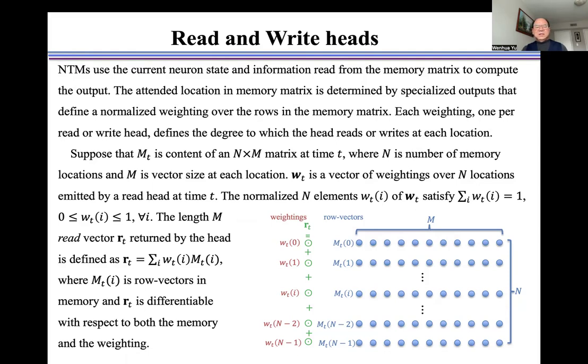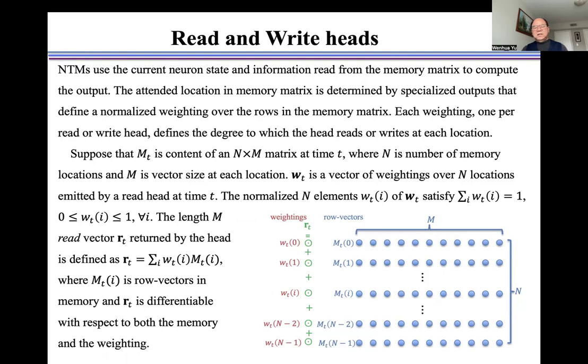Suppose that M_t is the content of the N by M memory matrix at time t, as shown here, where N is the number of memory locations and M is the vector size at each location. w_t is a vector of weightings over N locations emitted by a read head at time t.